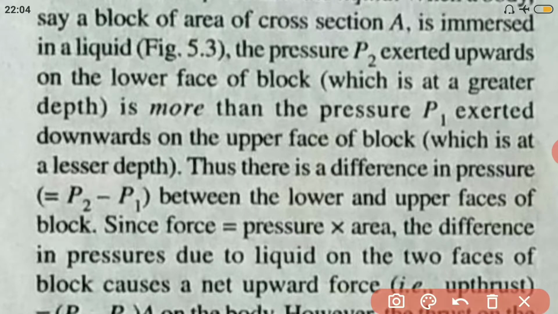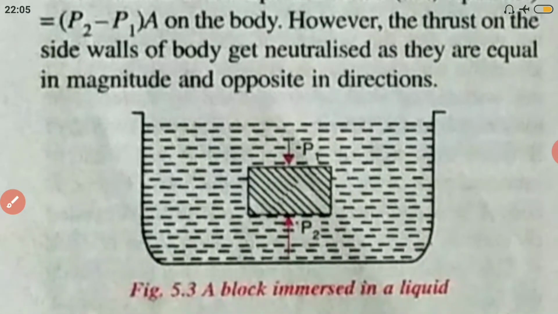Now the pressure P2 exerted upwards on the lower face of the block, which is at a greater depth, is more than the pressure P1 exerted downwards on the upper face of the block, which is at a lesser depth. Thus there is a difference in pressure, P2 minus P1, between the lower and upper faces of the block. Let us understand this with the help of this diagram.